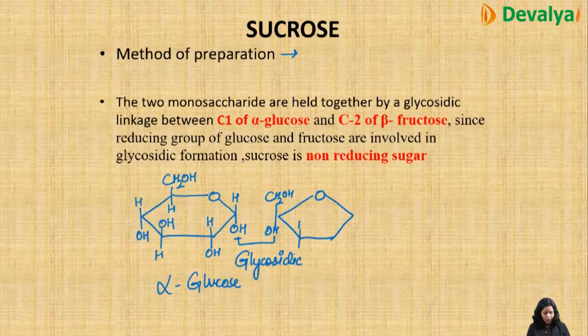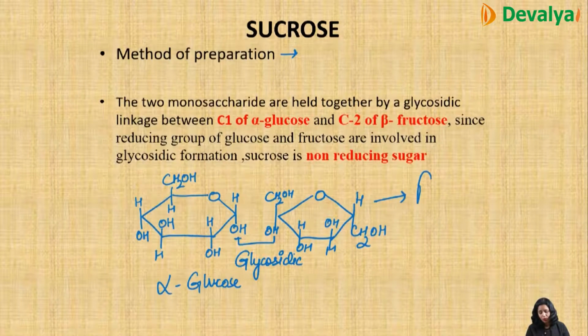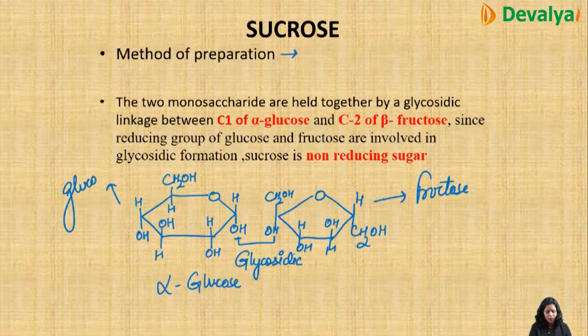Here is your H, OH, OH, H, H, and CH2OH. So this is the fructose, and this is glucose, where the linkage will occur and removal of water will occur, and the linkage is known as glycosidic linkage.